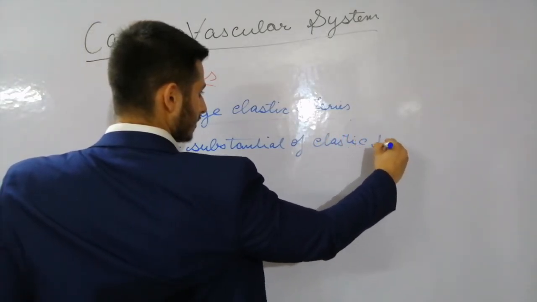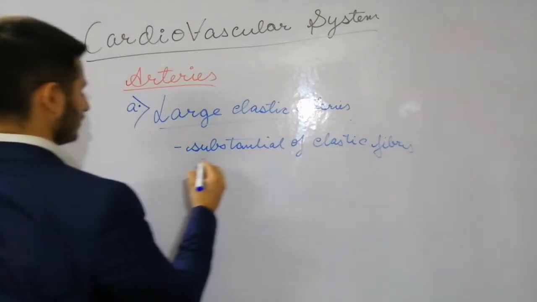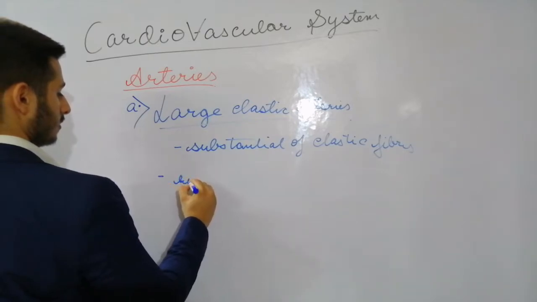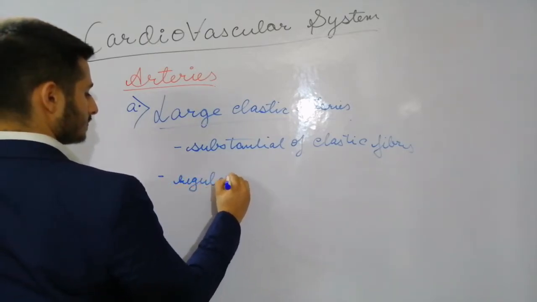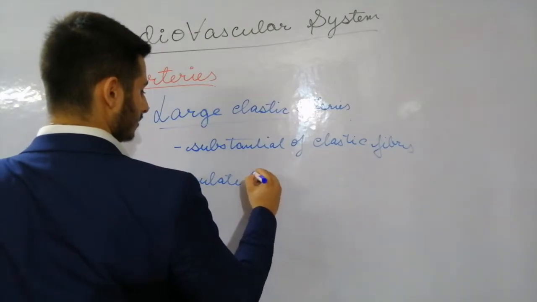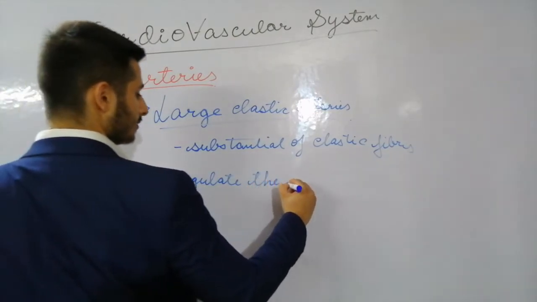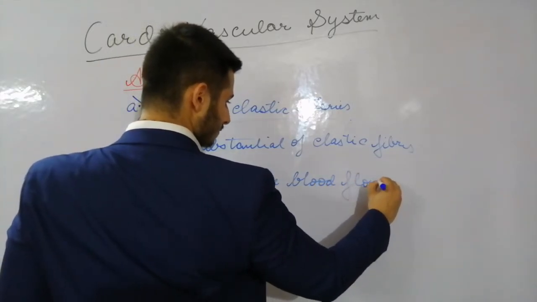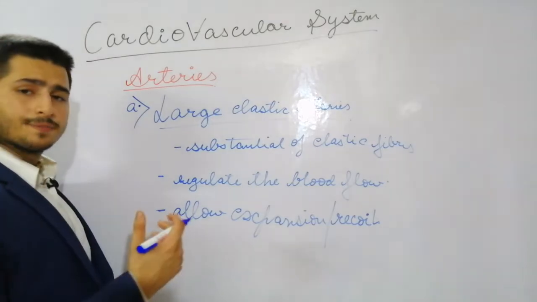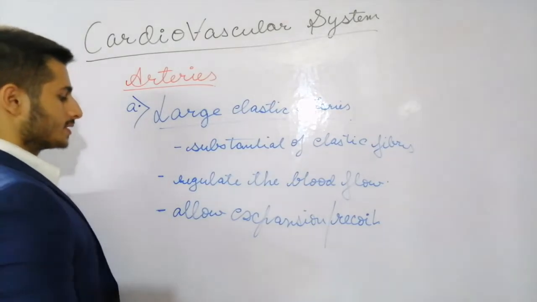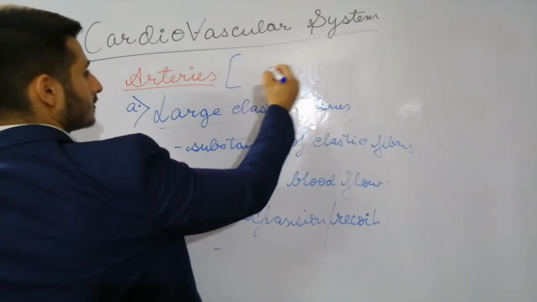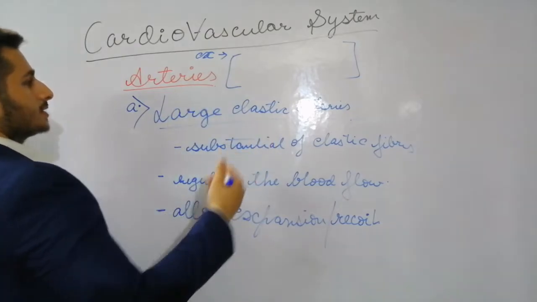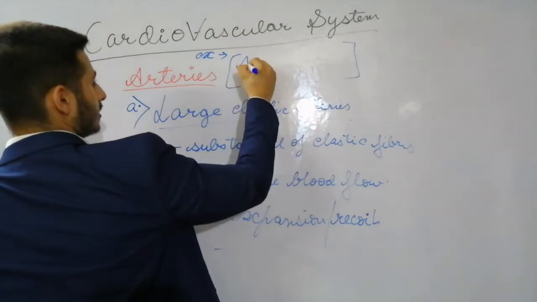They control or regulate the blood flow. They allow expansion and recoil of the arteries during the normal cardiac cycle.